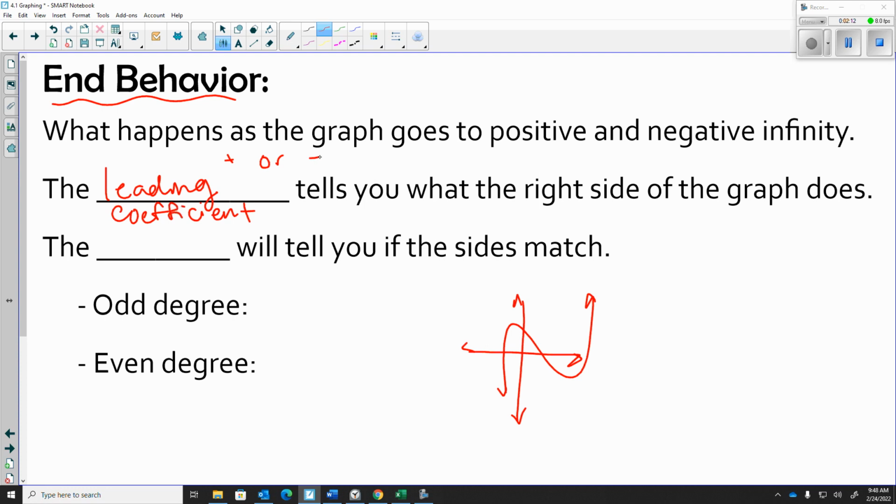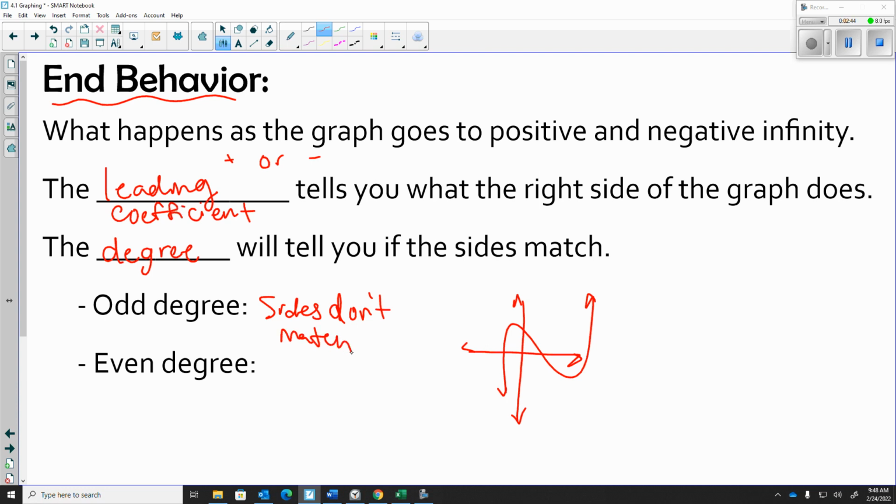The other thing that we need for end behavior is the degree. You guys remember what degree is? What is it? It's the biggest exponent that you see. So like this right here is a third degree. And I'll show you what all this means in a minute. Odd degree means the sides don't match.